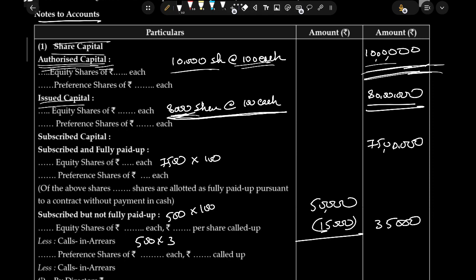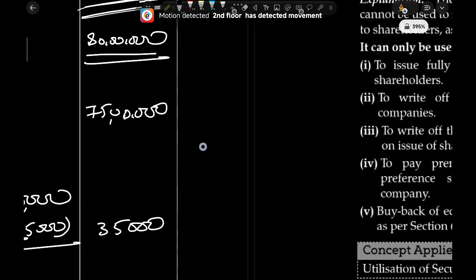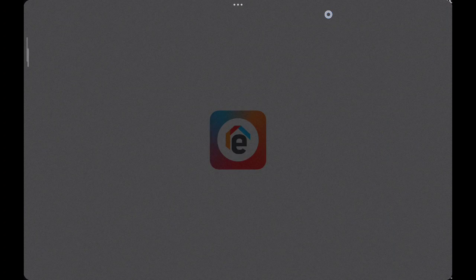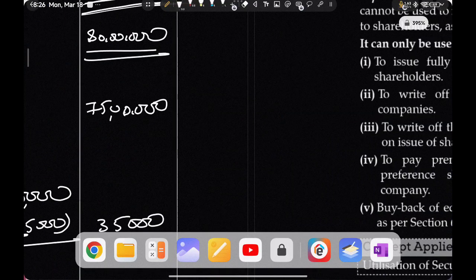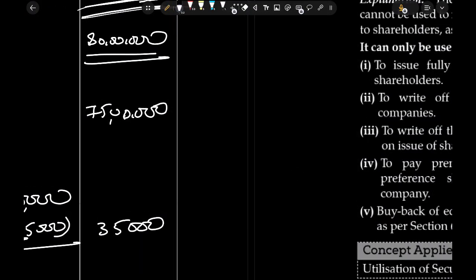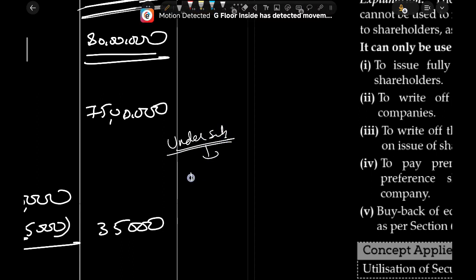What is the minimum criteria? If it is under subscription, the point is 90% should be the minimum subscription.